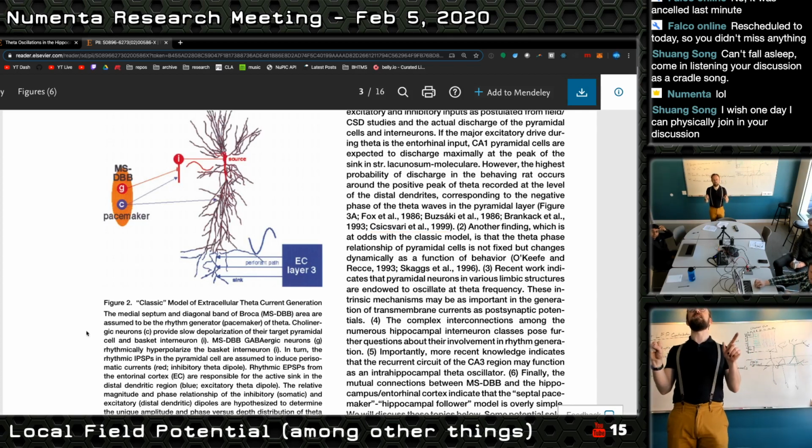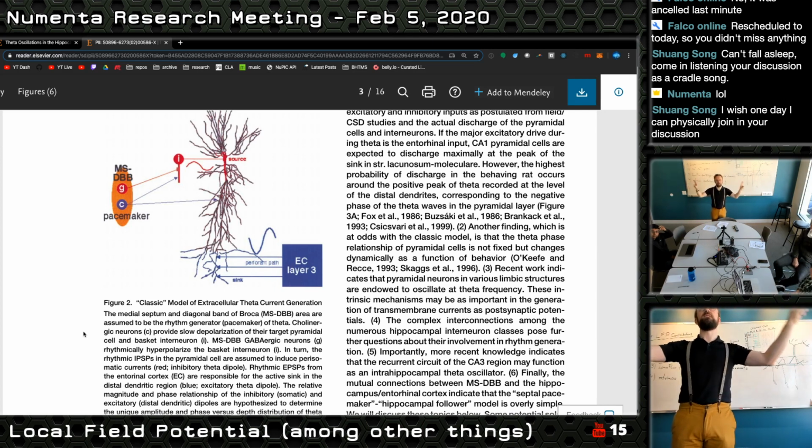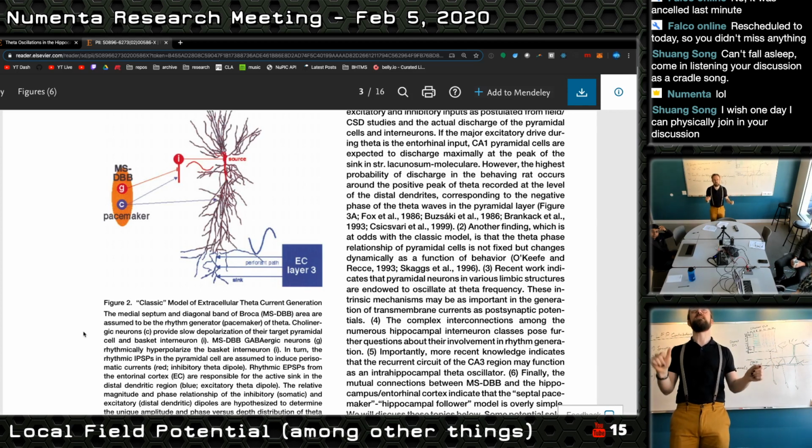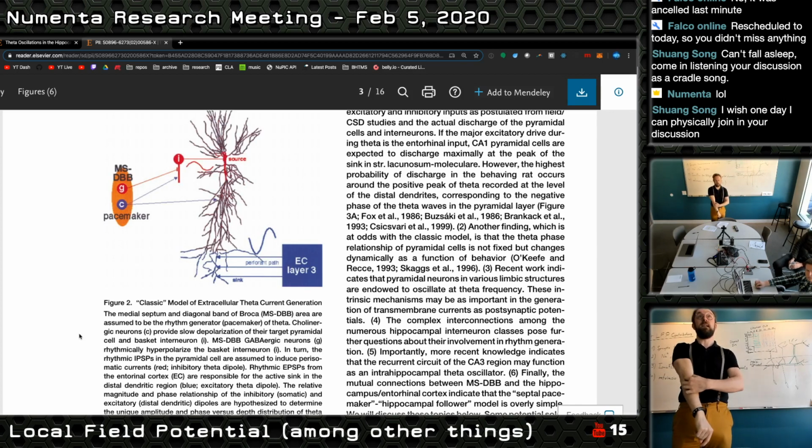But the idea is that you can nicely explain this reversal of the polarity if you assume that the pyramidal neurons at CA1 are driven by two different oscillators, one that drives inhibition at the source, close to the soma, and one down at the dendrites that is an excitatory source through the perforant path from entorhinal cortex. In that kind of model you would get an inversion of the phase along the depth, and you will get very nice, reliable theta synchronization.